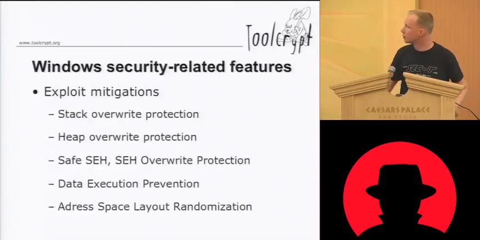Right, no more about that. Let's get to exploit mitigations. Since the Trustworthy Computing memo of Bill Gates back in 2002, I think it was, Microsoft worked very hard at both improving the security of their code, but also improving the resilience to exploitation.